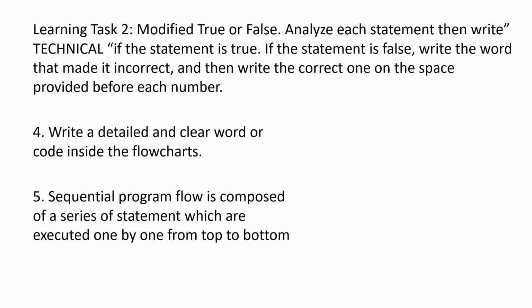For number 4, it should be detailed to brief, from complex to simplify. Next, for number 5, we have technical. Did you get it all correct? Let's try it once again.